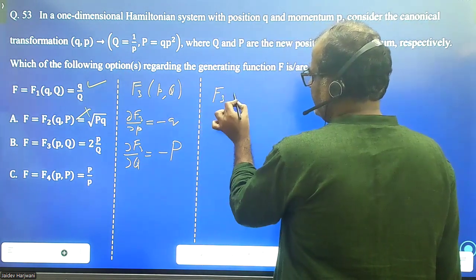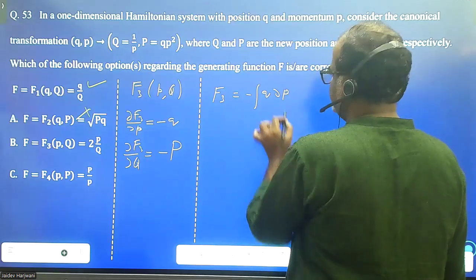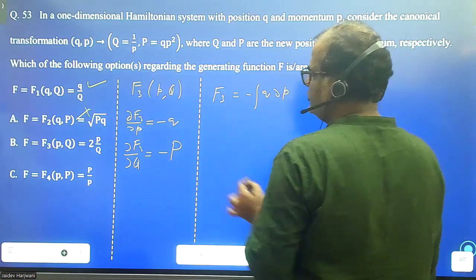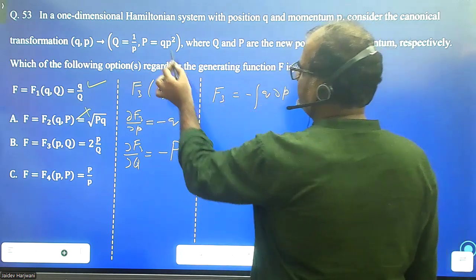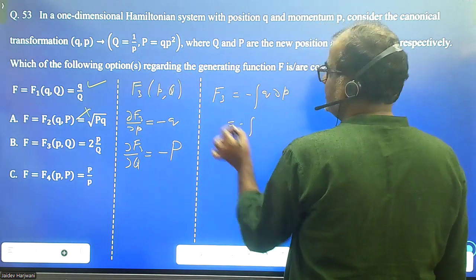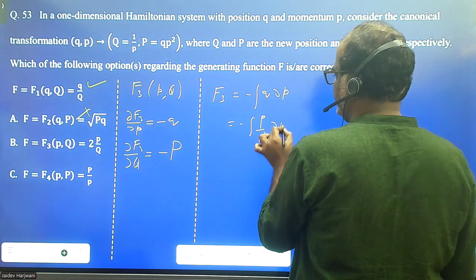So F3 will be integration of minus Q del P, small p. Now this should be small p and capital Q. So Q I can replace by P upon P square del P.